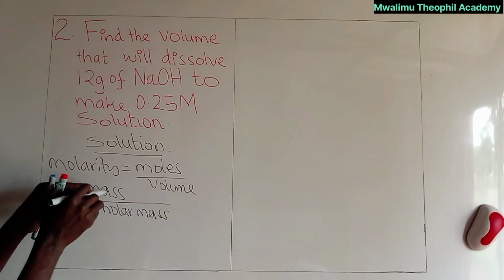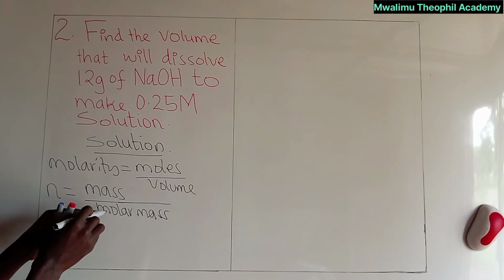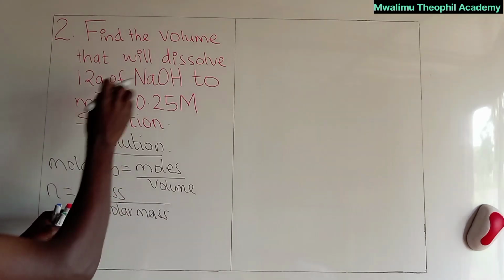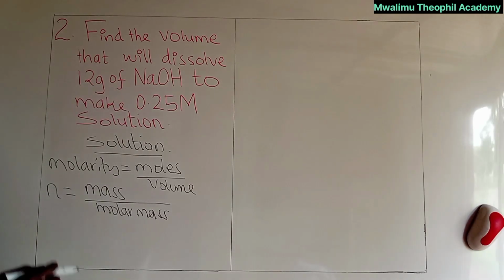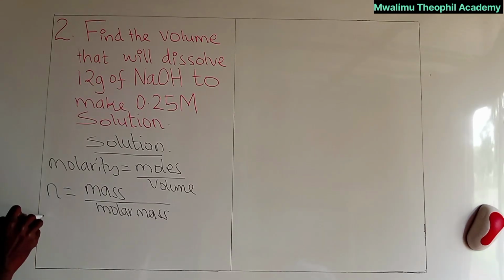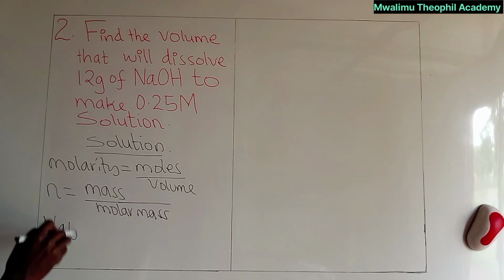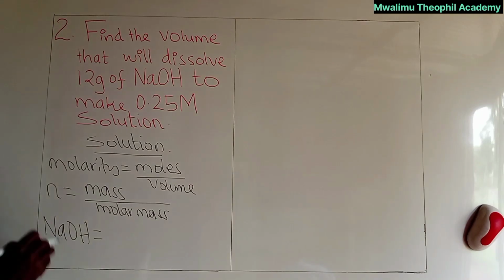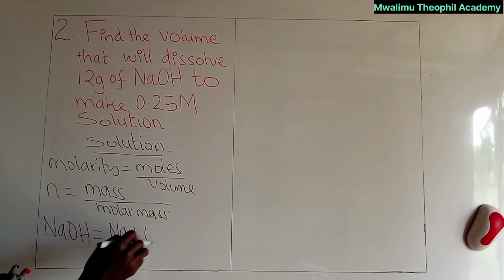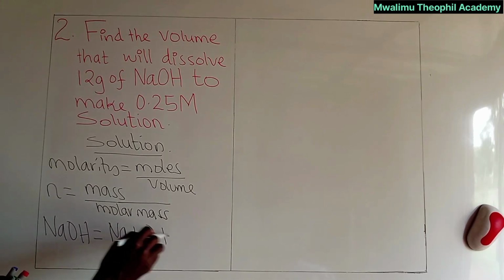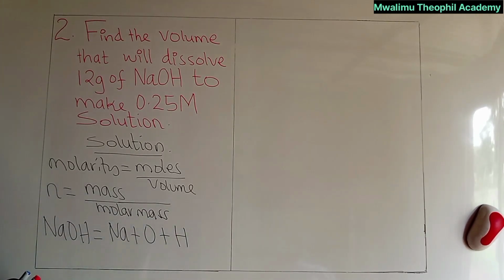Now, as the mass is given, 12 grams, let's first find the molar mass for sodium hydroxide. The relative molecular mass for sodium hydroxide can be worked out as follows. In sodium hydroxide, we have 1 atom of sodium, 1 atom of oxygen, and 1 atom of hydrogen.